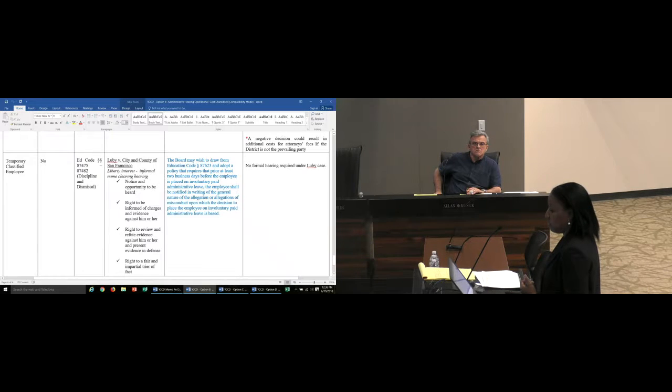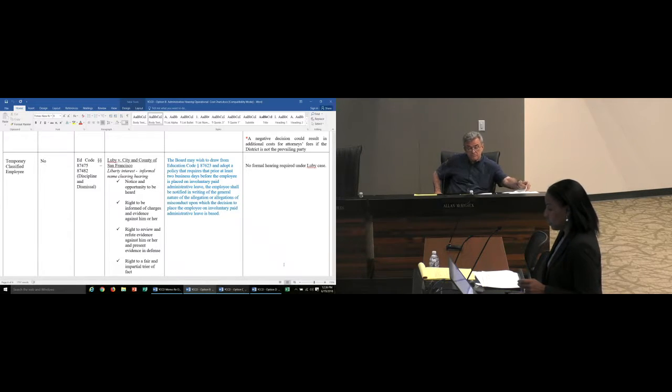So that is B, the baby step, which basically increases the notice, but for the employees that are permanent employees that already have a statutory right to a hearing, or the bargain for rights, the bargain for discipline process.